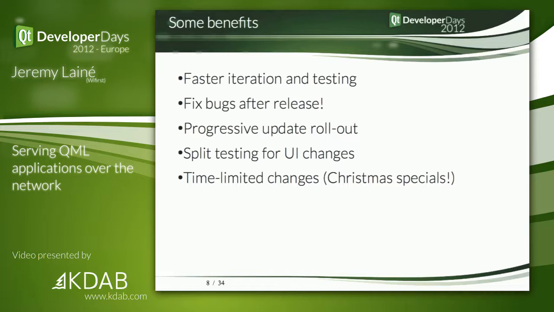Another benefit of serving your interpreted code over the network is that you can have a progressive rollout strategy, whereby a certain percentage of your users keep using the previous version of your code, while some lucky few get to run your latest and greatest version, which helps you mitigate if you get some negative feedback. It's still time to switch back to the previous version.